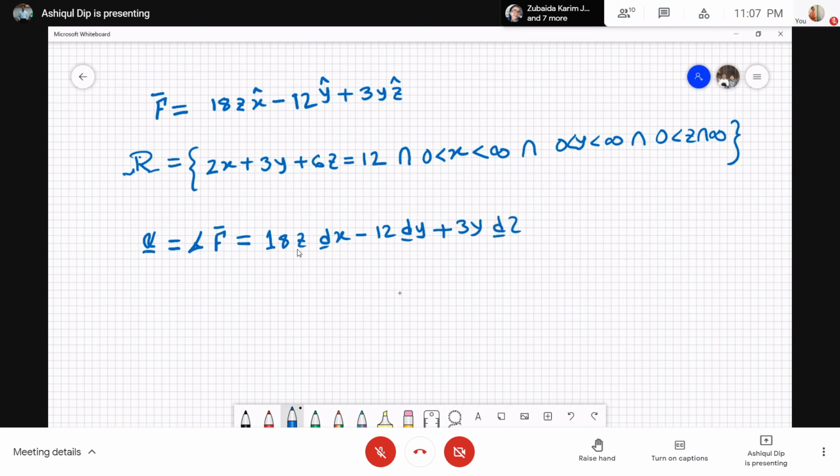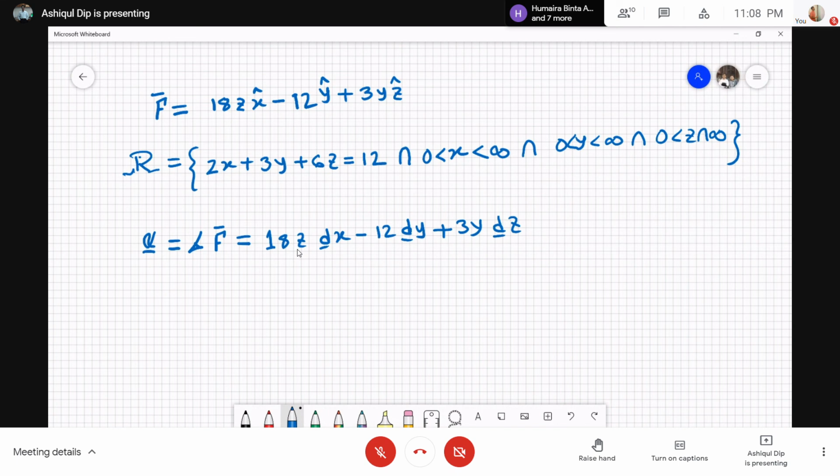Now, if I integrate over alpha, alpha is a one-form, right? If I integrate over that alpha, what kind of integration is that?